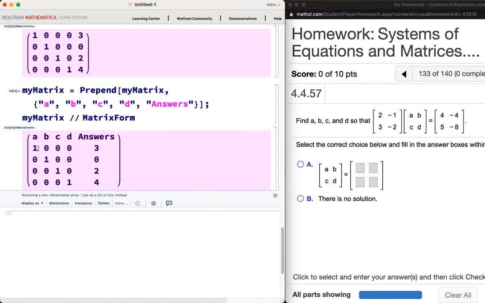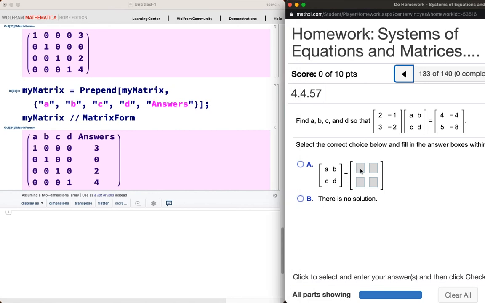Okay, so we can see that A is equal to 3.